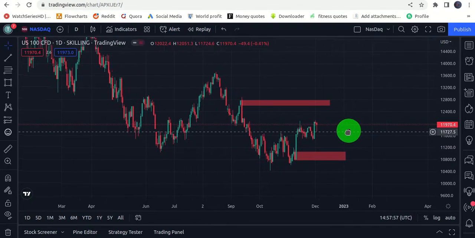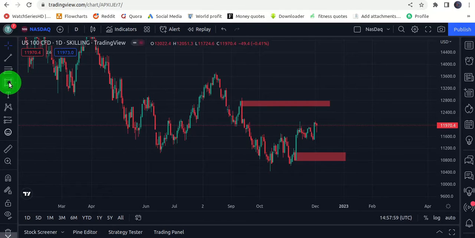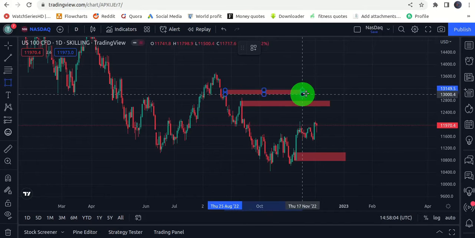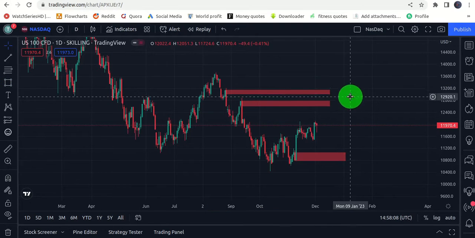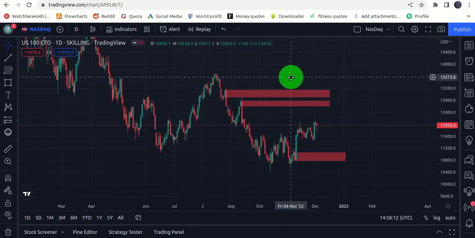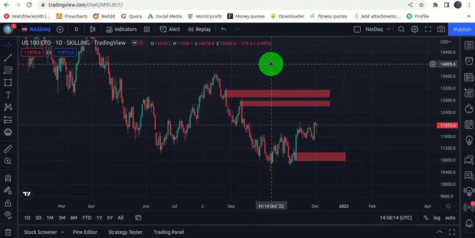Okay, and this is on the daily chart. So what I do is basically draw my order block on the daily chart and then switch to the lower time frames for opportunities to get into the market.